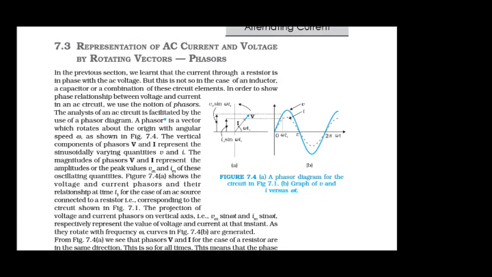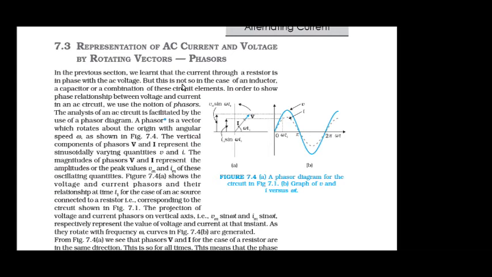Now next topic, 7.3, representation of AC current and voltage by rotating vectors, phasors. So in the previous section we learned that the current through a resistance is in phase with AC voltage.